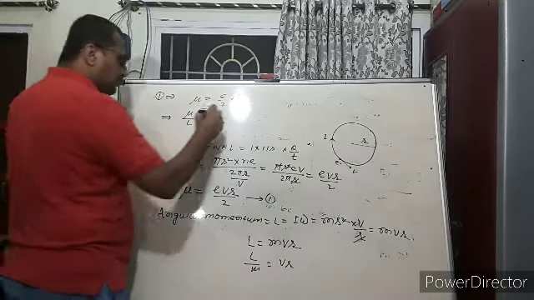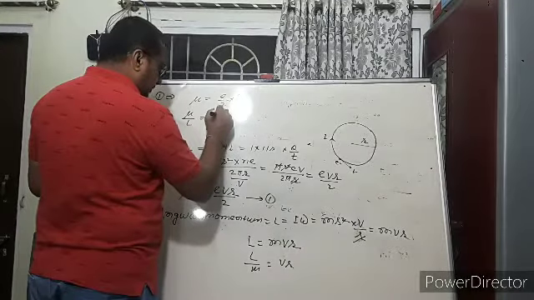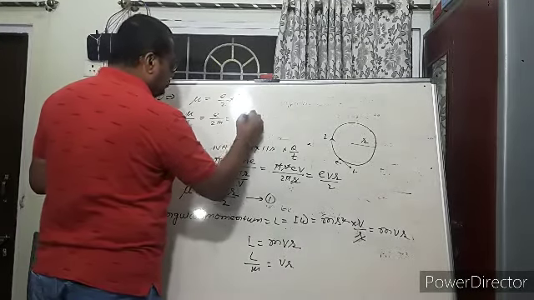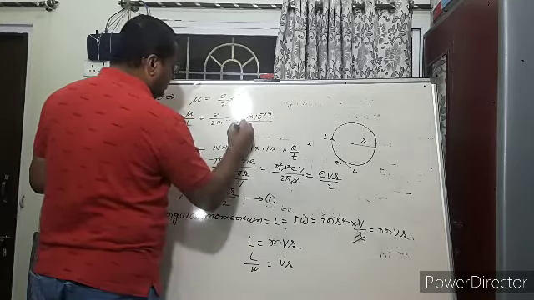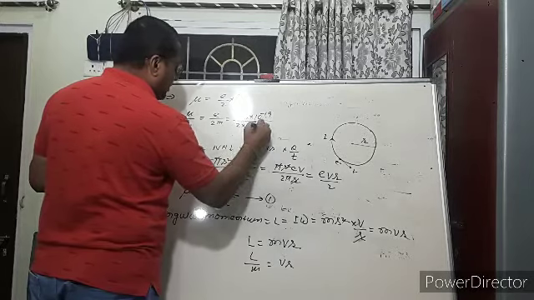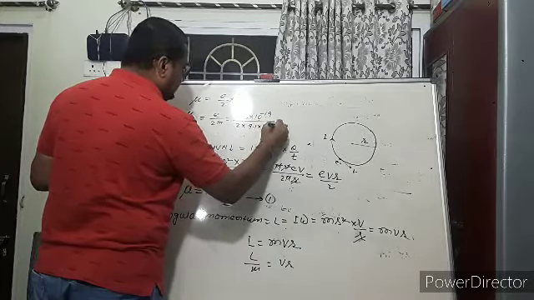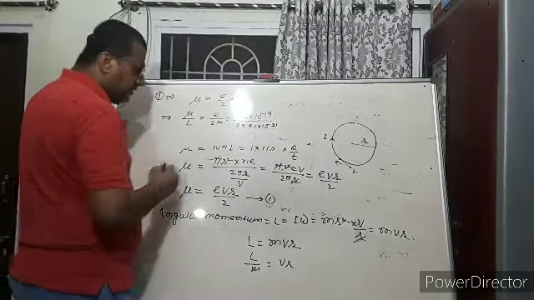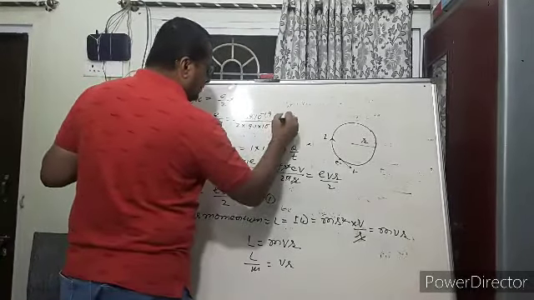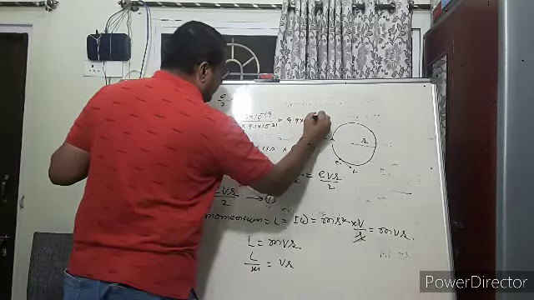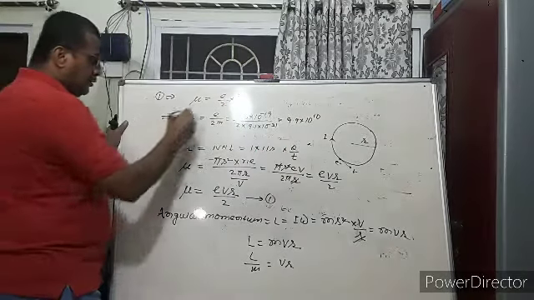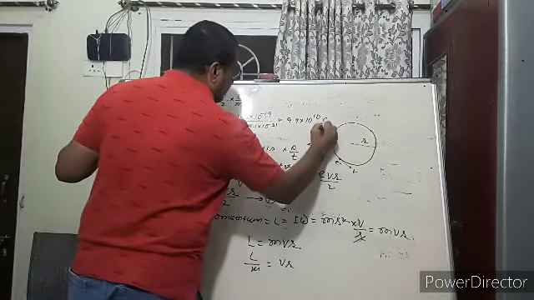We can put here the value of e, 1.6 into 10 to the power minus 19 coulomb, divided by 2 times the mass of electron, 9.1 into 10 to the power minus 31 kg. Its value will come 9.9 into 10 to the power 10 coulomb per kg.